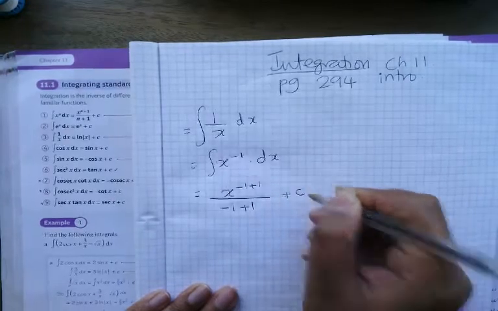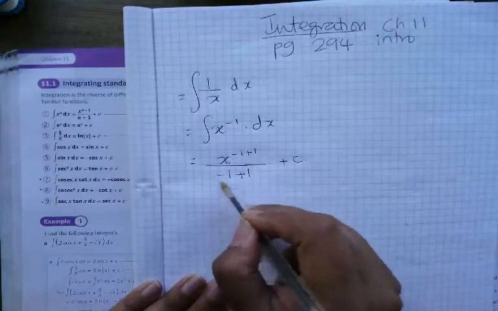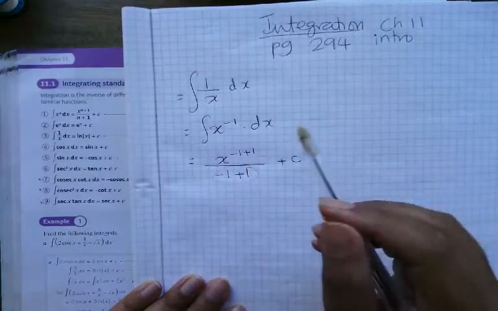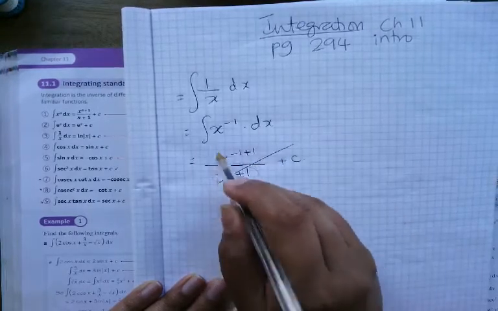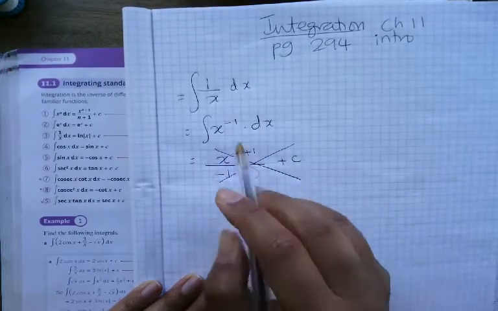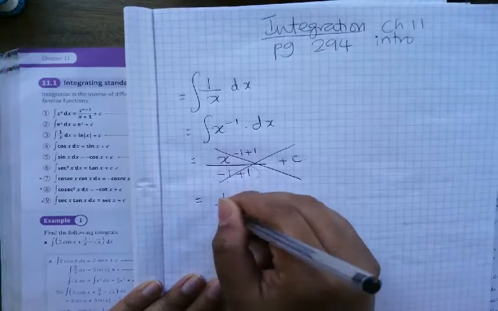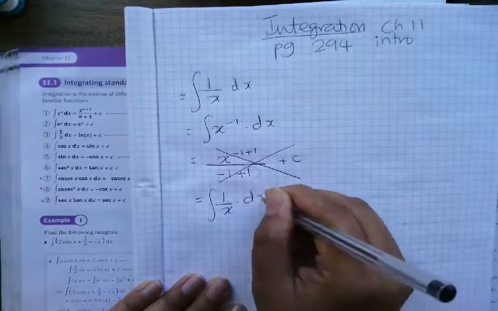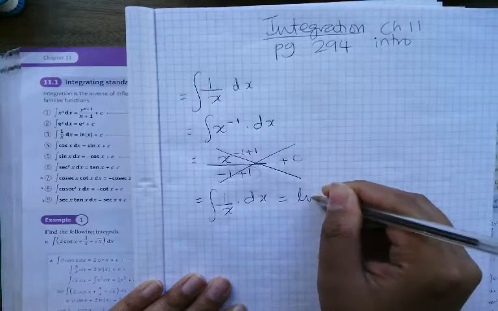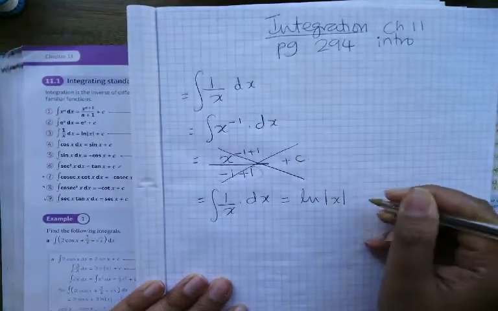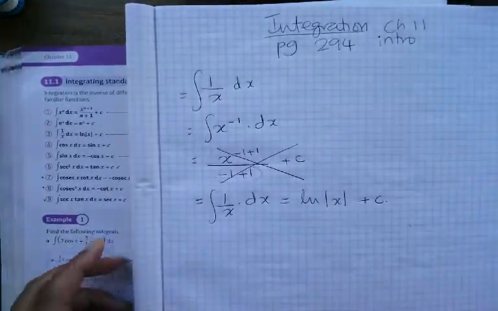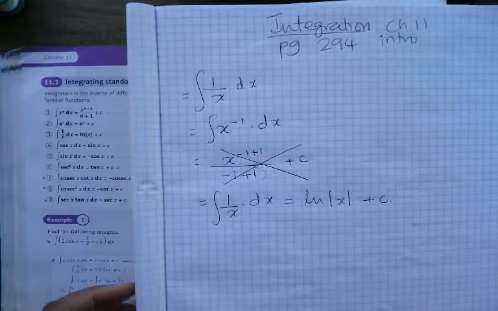Obviously, we can't do that because you would get a 0, and you can never divide by 0. So that doesn't work. That is why we end up with a function in natural logs.